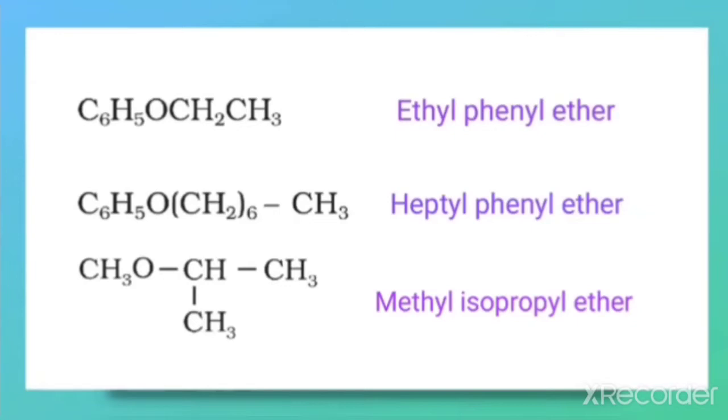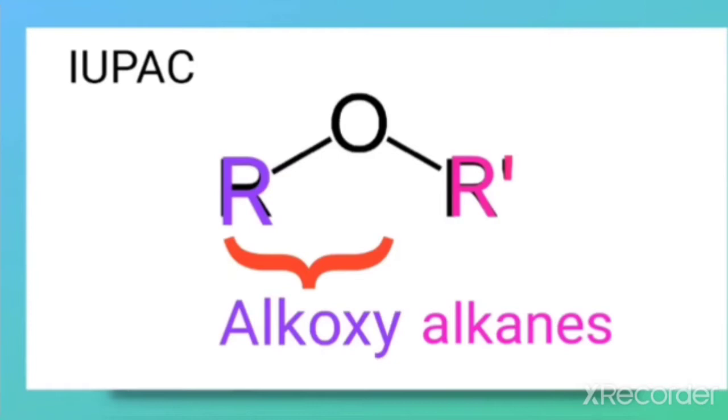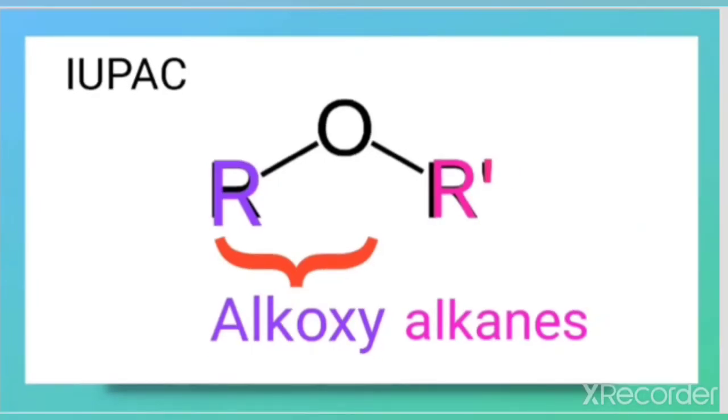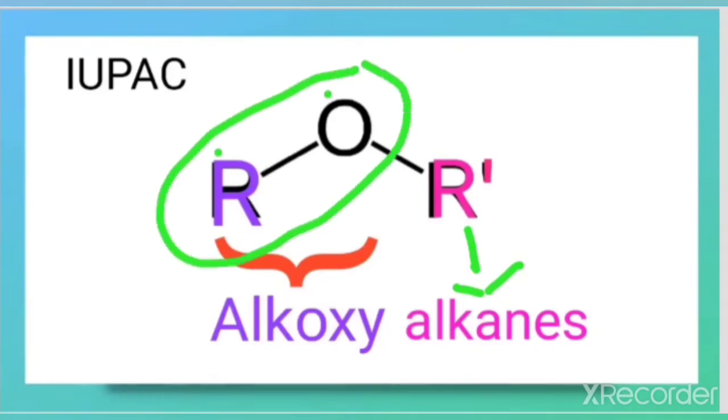Now let us discuss the IUPAC name. In the IUPAC name, one of the R is taken as the word root with the primary suffix an or en. The other R and oxygen together are taken as a substituent, called alkoxy. Why is it called alkoxy?